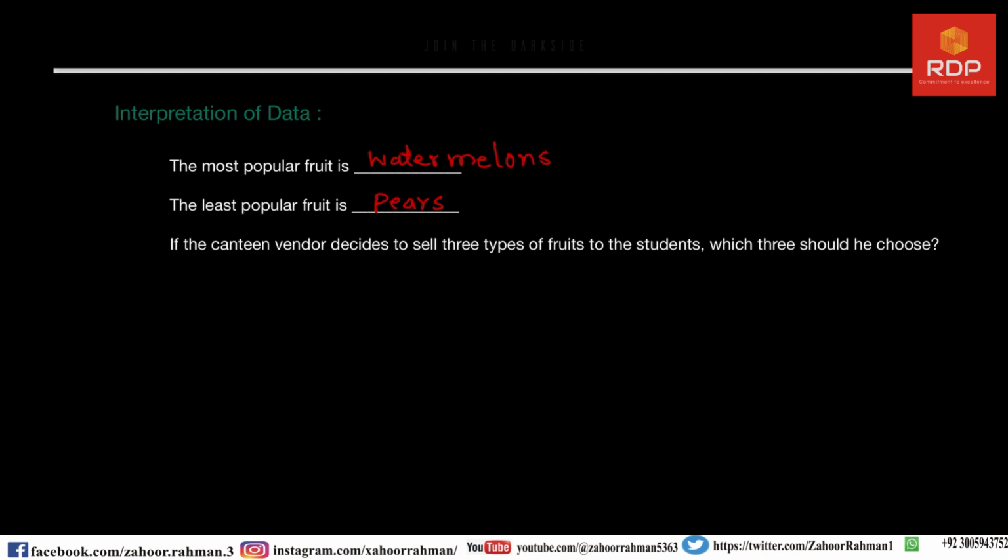Another very important part of this interpretation is: if the canteen vendor decides to sell 3 types of fruits to the students, which 3 should he choose? So here the choice is first apples, because apples are second in the bar graph, then honeydew, and in third place watermelon.